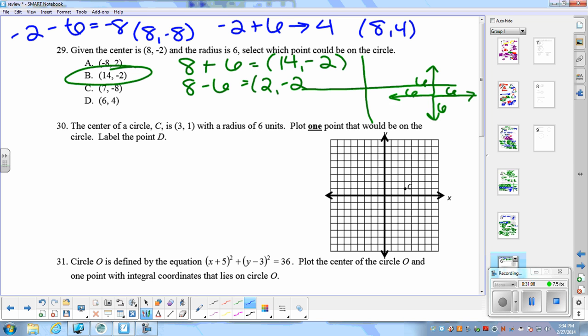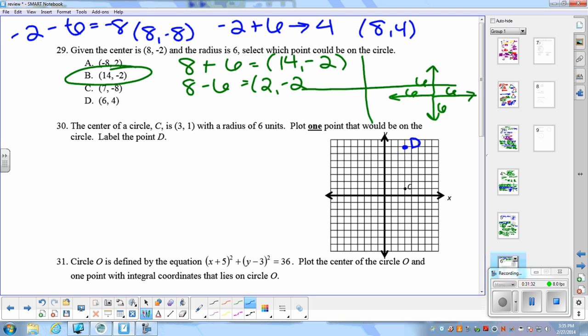All right, so using that, I have my center, which is the point 3, 1, plotted here at C. I have a radius of 6. So my possible answers, remember, you only need 1. I'm going to put like 3 or 4 of them down, depending on the space on my graph. I could go 6 up.